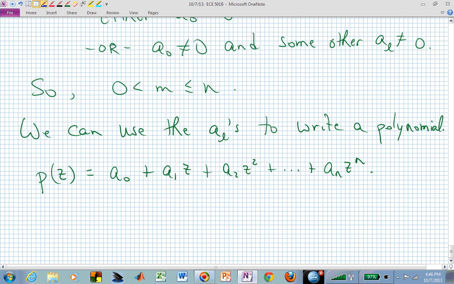Now, we didn't dig much into Chapter 4, but now I'm going to go back and recall what we learned from Chapter 4, or what we are drawing from Chapter 4 about polynomials. What do we know about any polynomials of finite order in z, where z is complex, or this complex field?